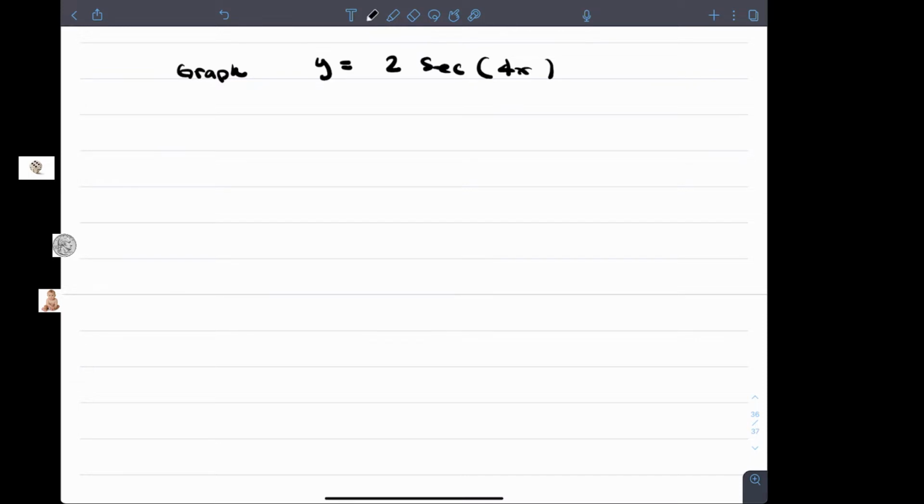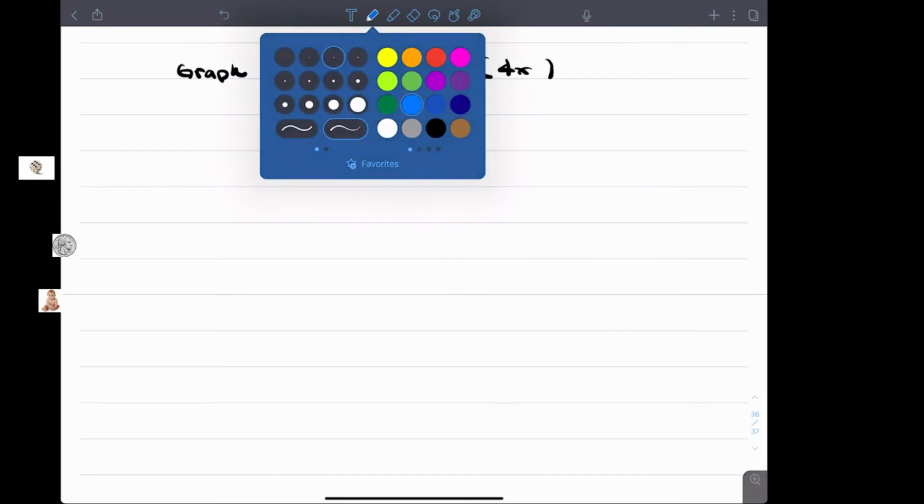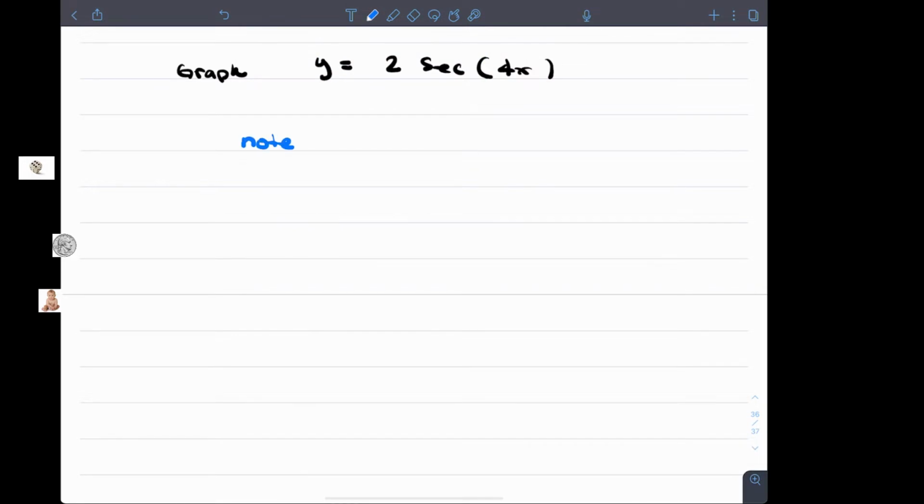And then you might say, well, how do I handle that process? Okay, so I want you guys to note here, what you do is to graph y equals what? Cosine 4x.